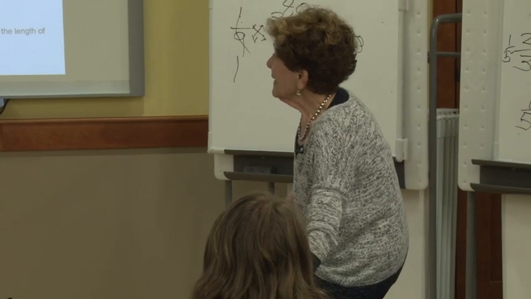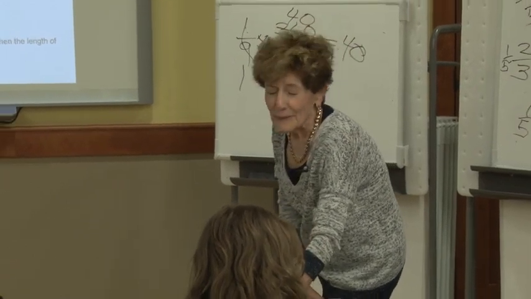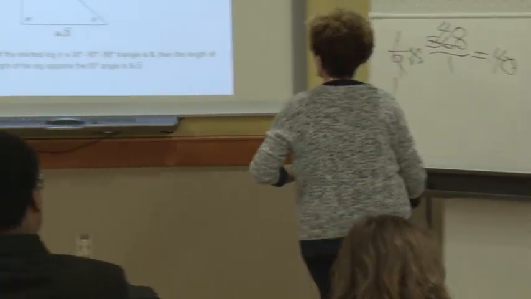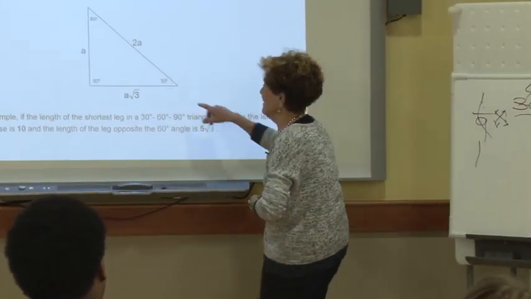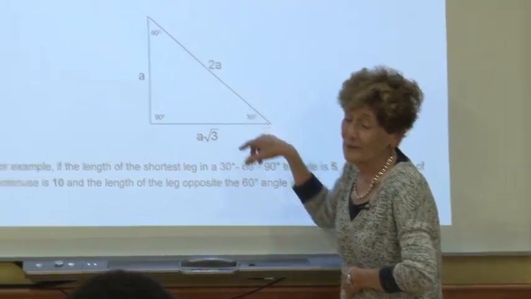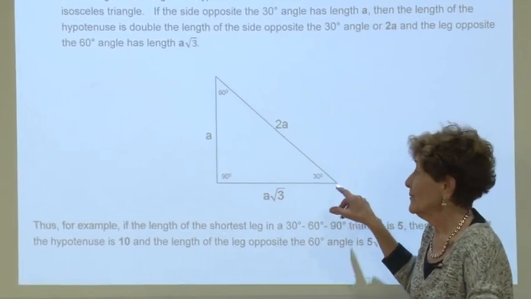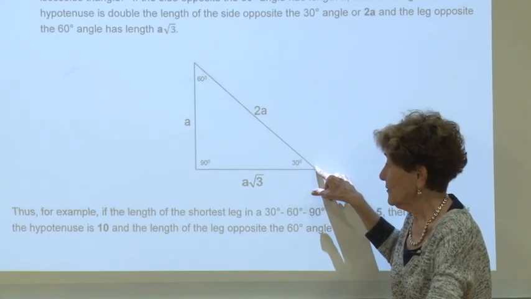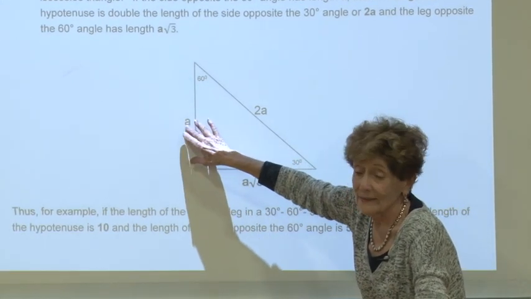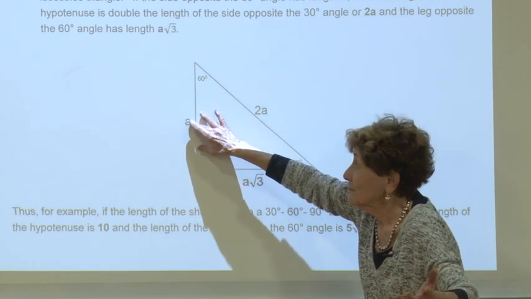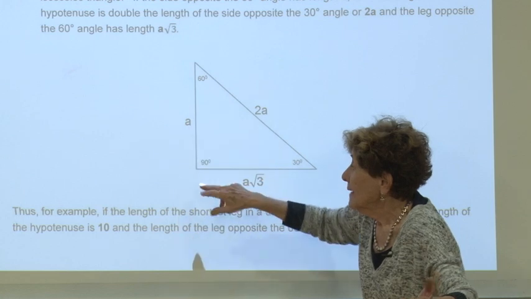Okay, now in a 30, 60, 90, again, a picture is worth 1,000 words. You're standing here, the 30 degrees is poking you here, and it can be up there. These could be reversed, it could be upside down, whatever. But you want to always orient yourself, so this is poking in the tummy. You look across, and this is some variable, some number.